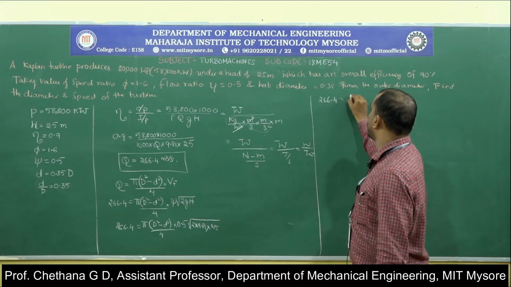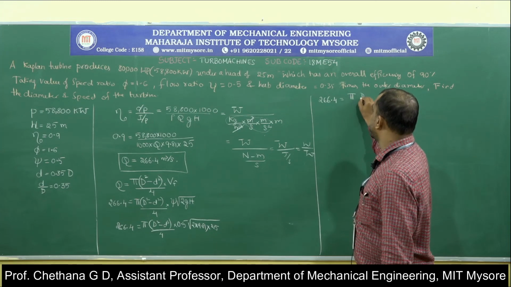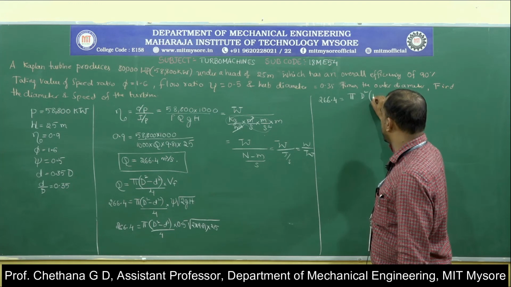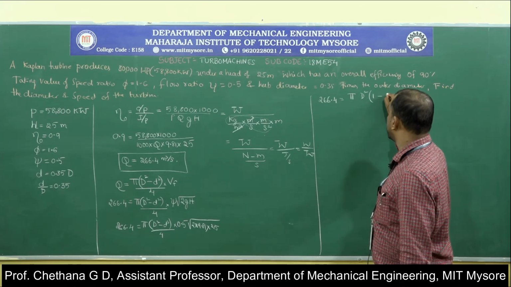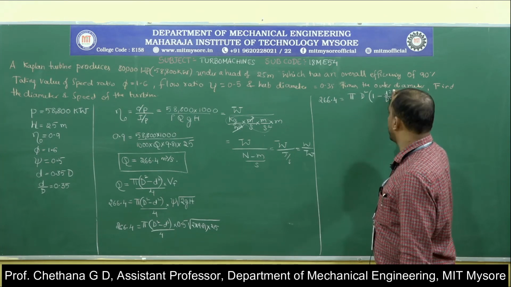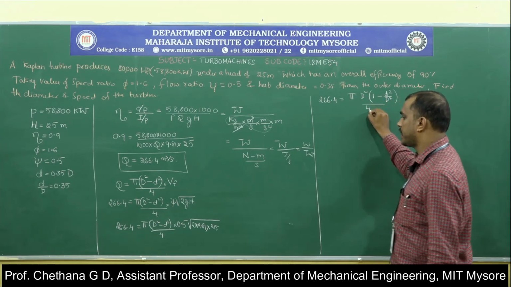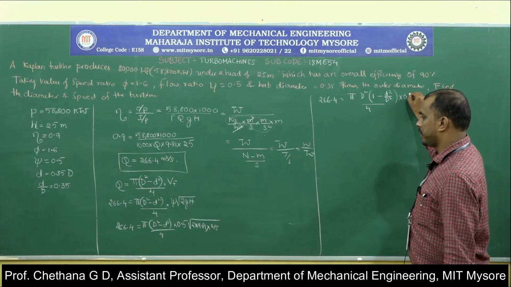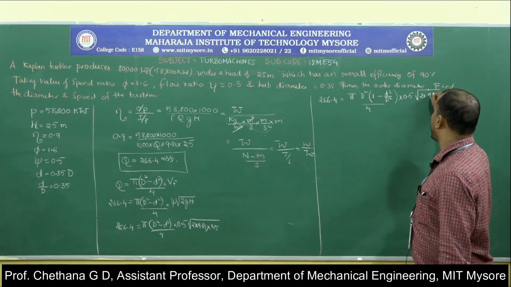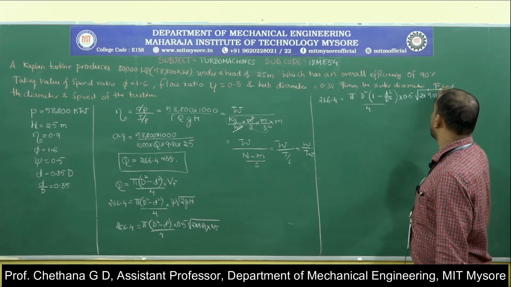266.4 is equal to pi, we will take D square common out here, then what we get is 1 minus d square by capital D square, of course this 4 is already there, into 0.5 square root of 2 into 9.81 into 25.